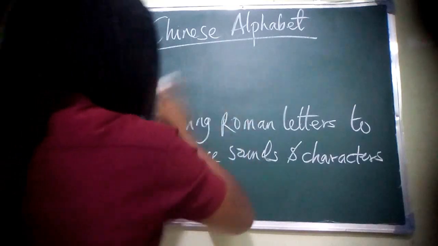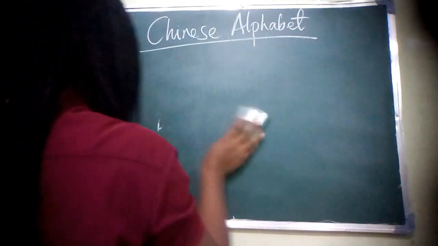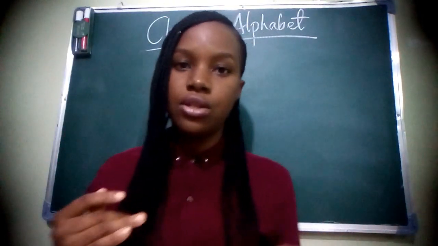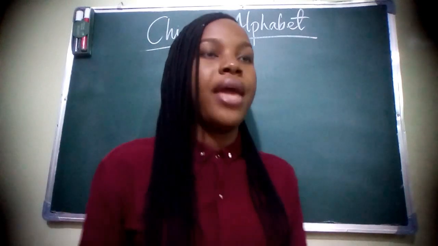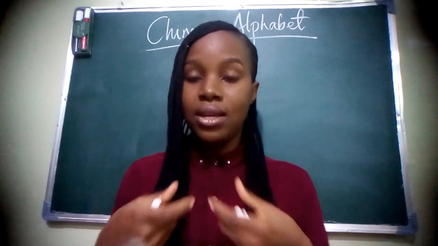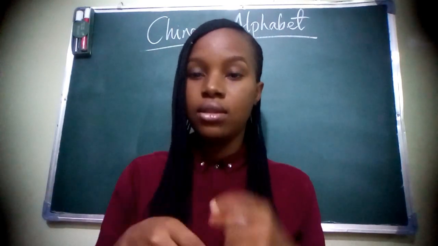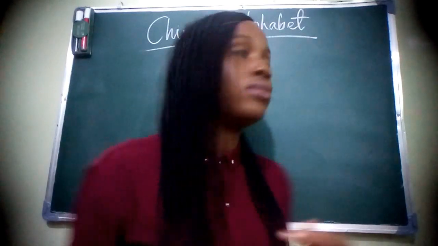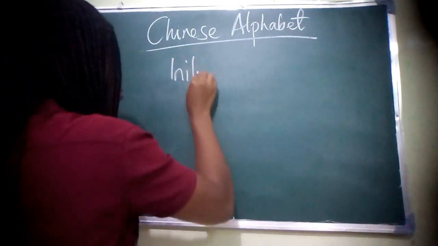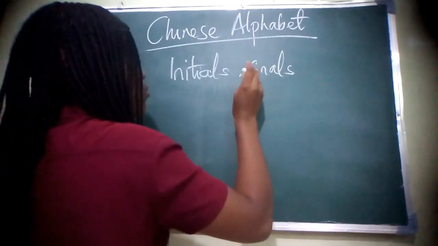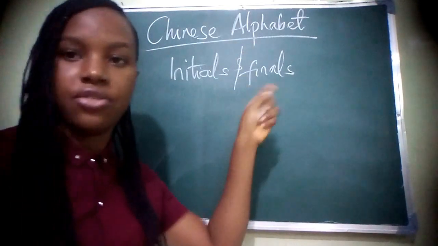Okay, now in the Chinese alphabet or in Chinese pinyin, we have 2 categories of alphabets. We have the initials, that is the beginning sounds. When you have a word, the sounds that most times begin words in Chinese are called the initials, and the ones that end the words are called finals.